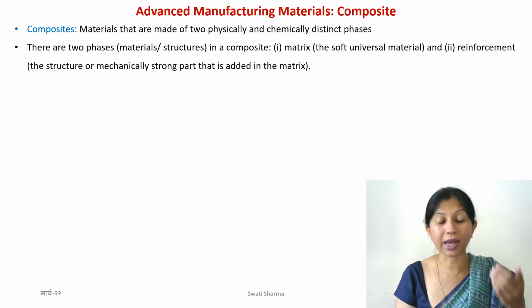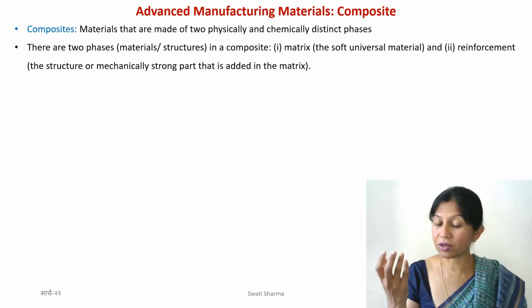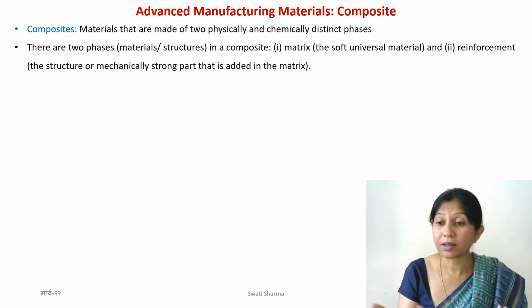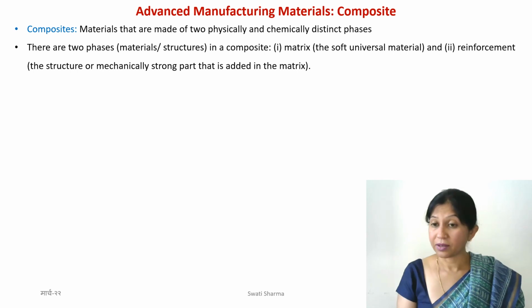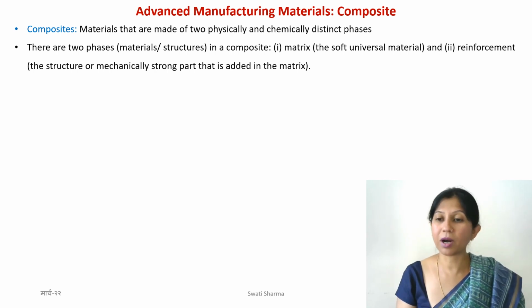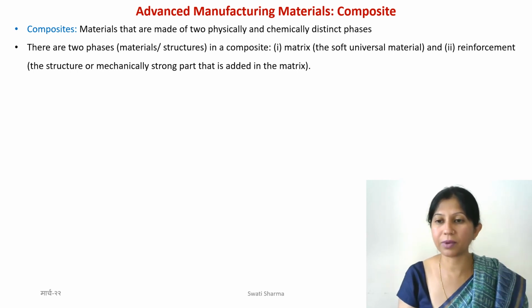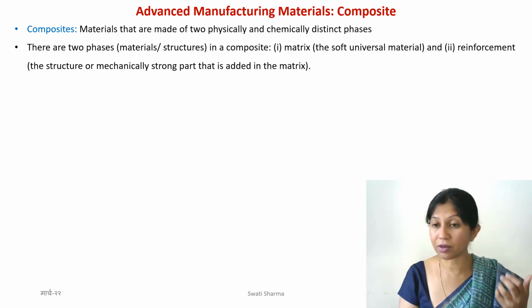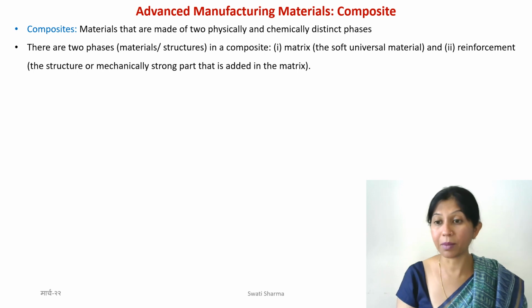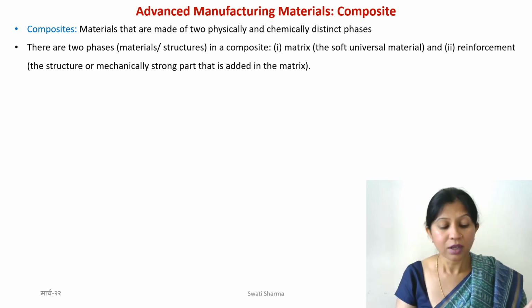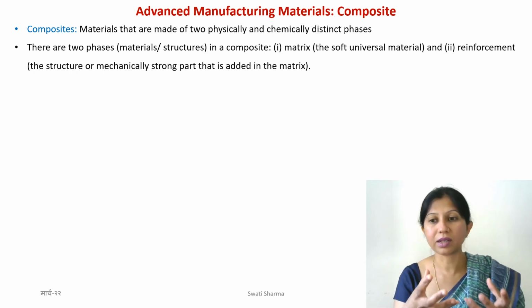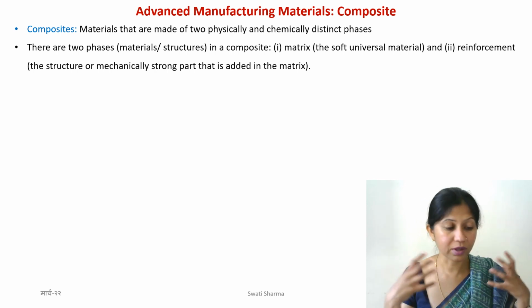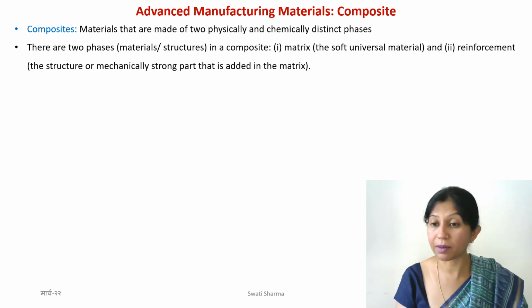Something that is mechanically strong, and also flexible, and also lightweight. Because of course, think about something which is very strong and still lightweight. You can make airplanes much lighter, you can make your automobile, cars, much lighter, and so on, but the strength you're not compromising. So that is why the entire field of composite materials developed.